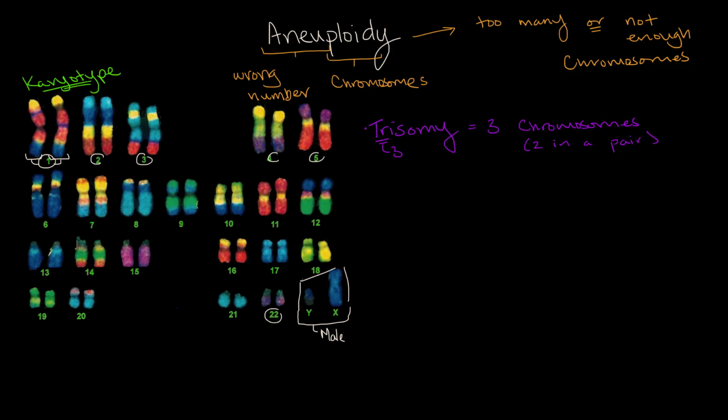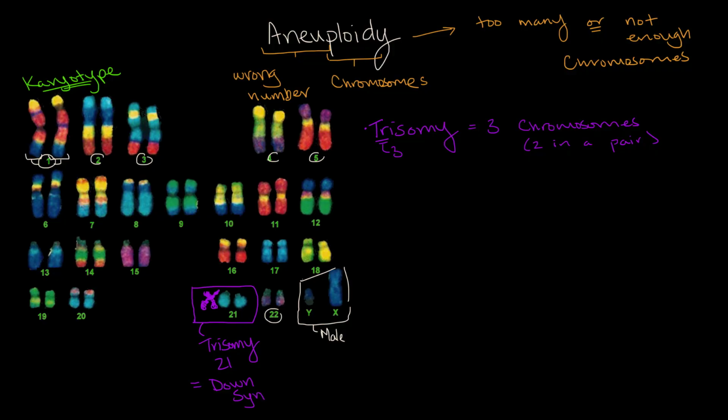So the most common trisomy is trisomy 21. So this is when a baby has a whole extra 21st chromosome. And trisomy 21 is also known as Down syndrome.